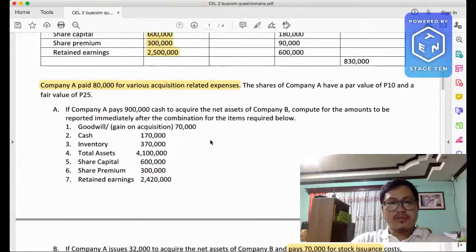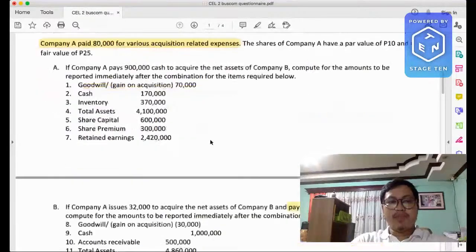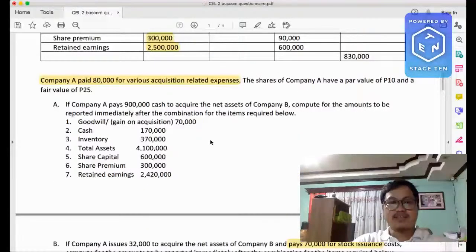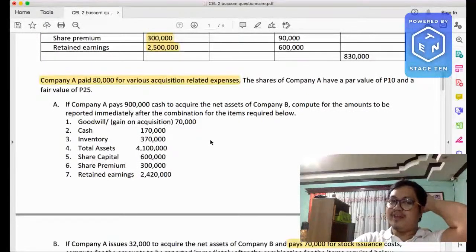Okay? And in problem B, class, the 80,000 would still be recognized as an expense. So the computation for the retained earnings after the combination would still be 2,500,000 minus 80,000.